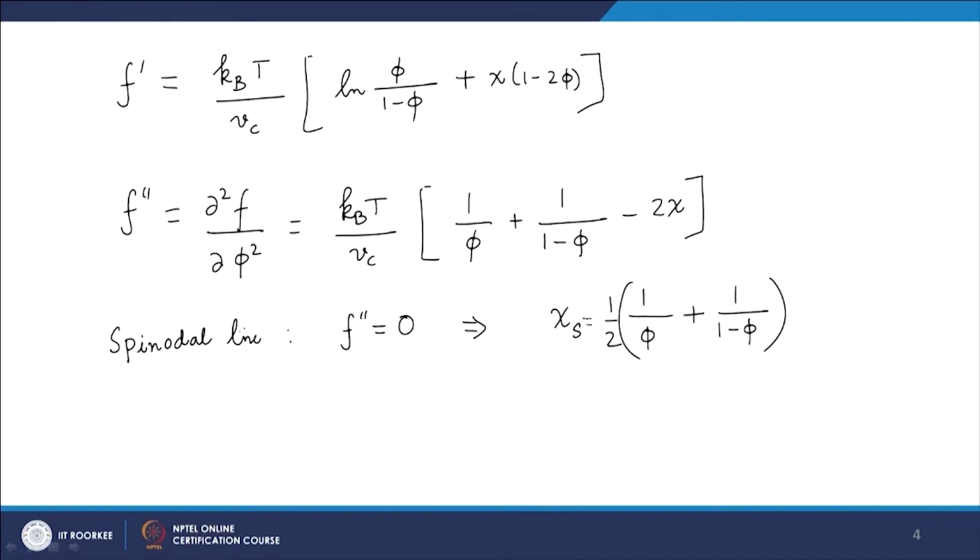And then if I want to find the value of the critical point, I have to find the third derivative. So, let us go ahead and try to find the third derivative.